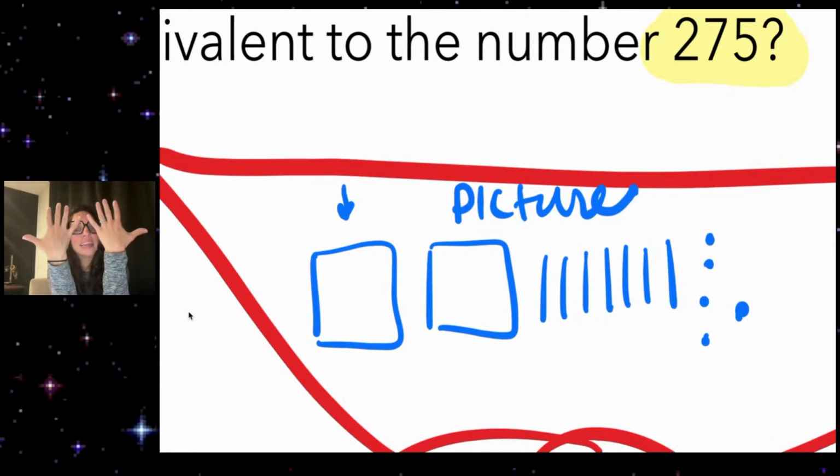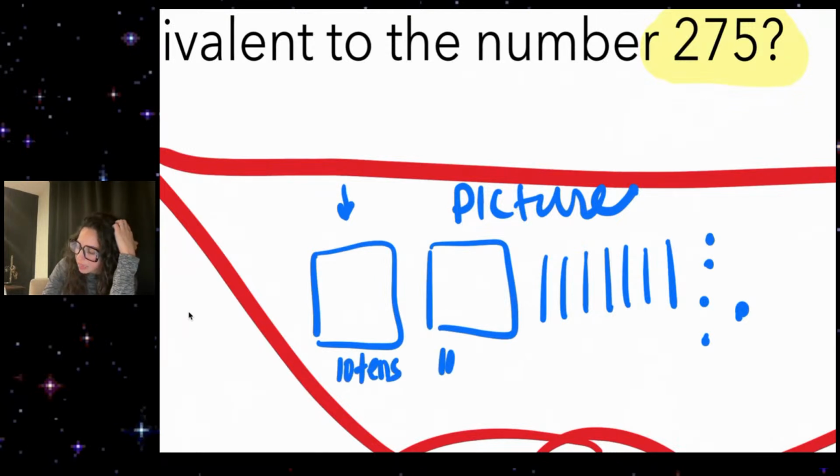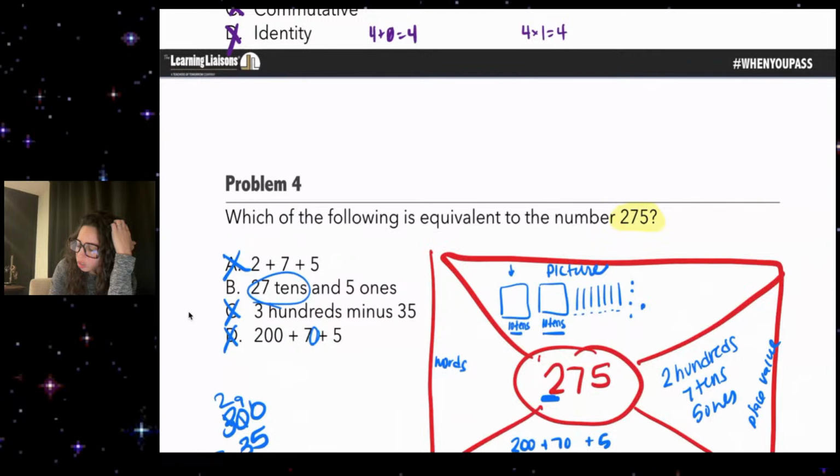There are 10 10s in 100. So this is 10 10s. This is 10 10s. So 10, 20, 21, 22, 23, 24, 25, 26, 27 10s and 5 1s, which is B.